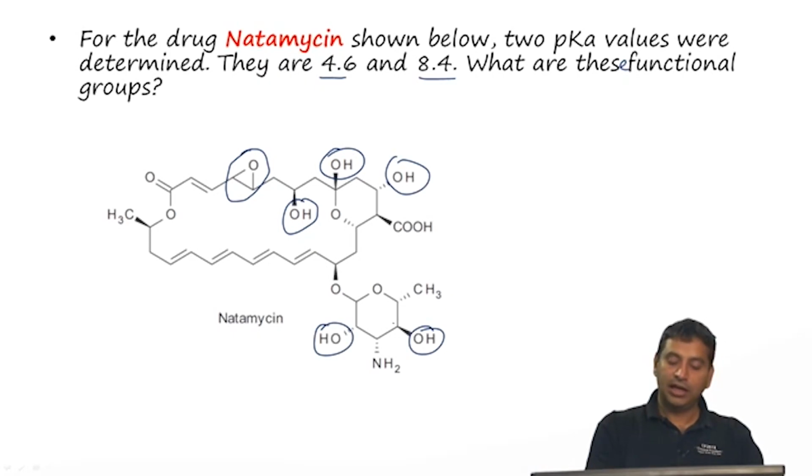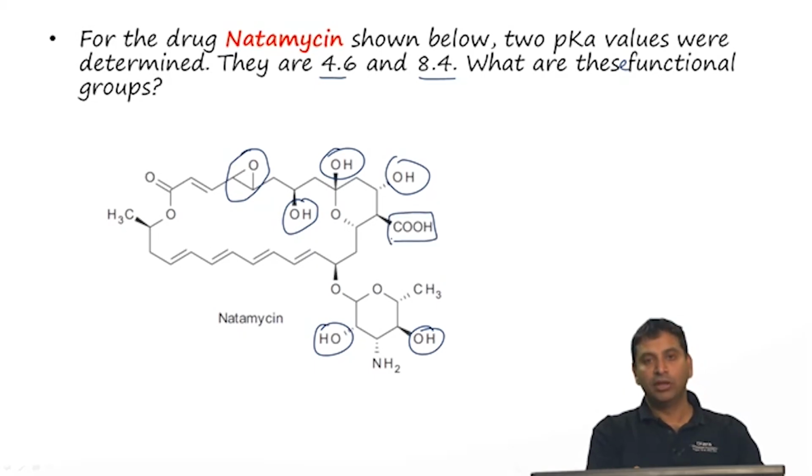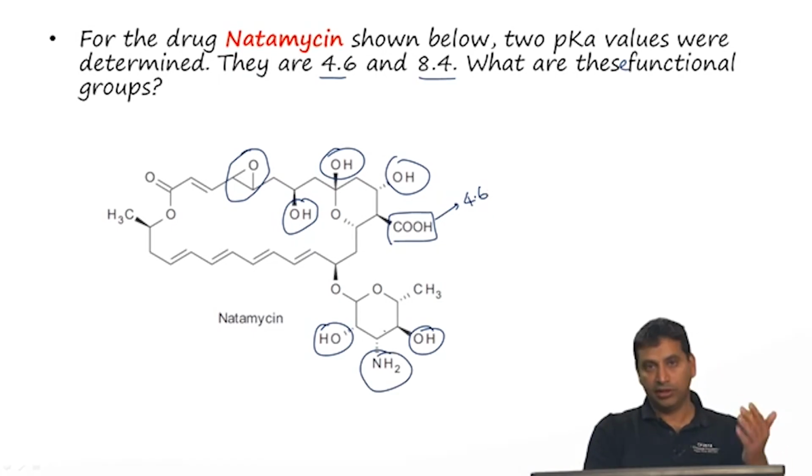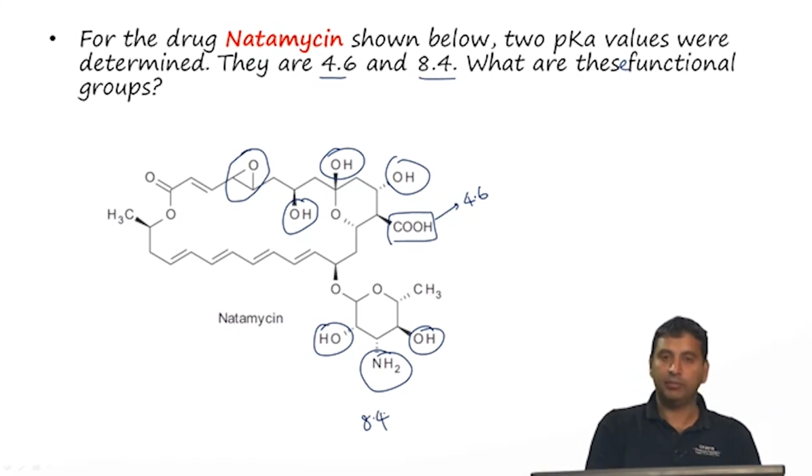And I do not see any other functional group here which is going to have a pKa less than 10. Now, you have a carboxylic acid, and carboxylic acids, as we know, have pKa in the range of 4 to 6, so this could be the one with the pKa of 4.6. And the protonated amine is going to be the acid, so the pKa of the protonated amine is going to be 8.4.